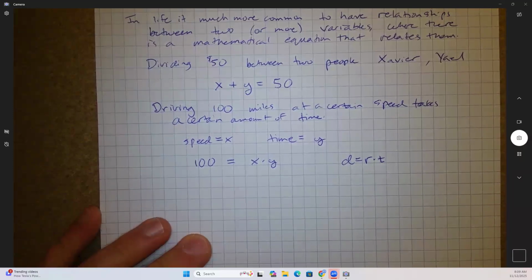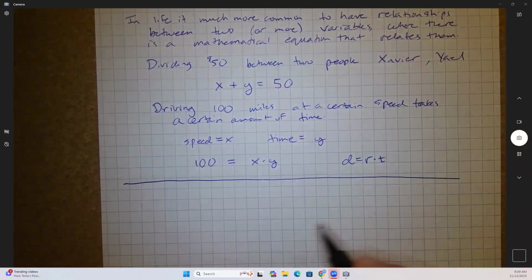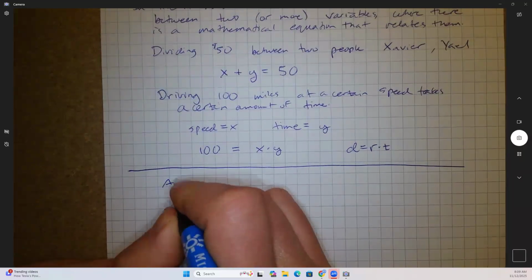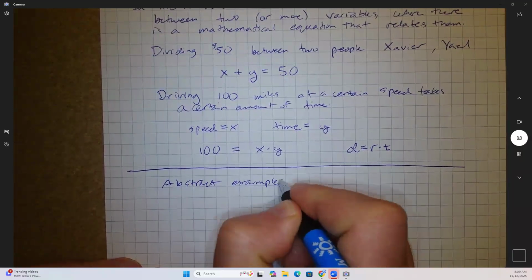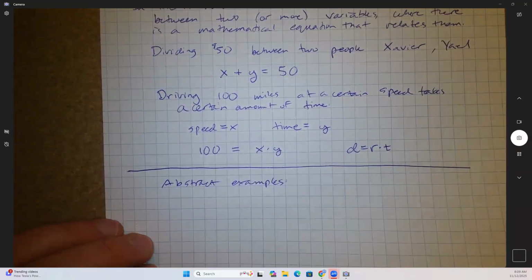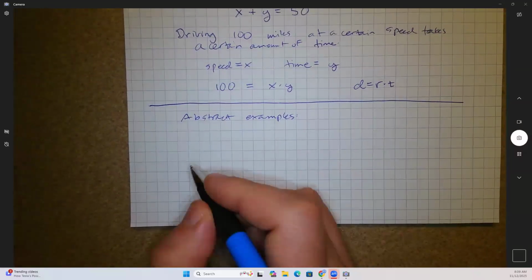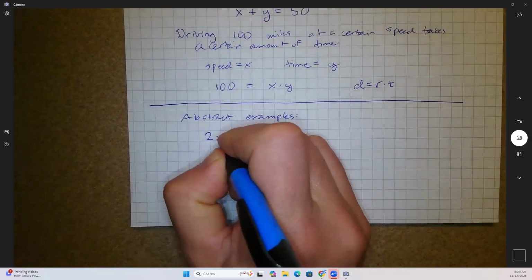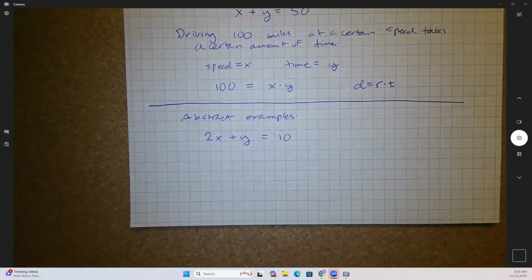And we'll pull away from our specific examples right now and get back to abstract examples. So here's an abstract example, 2x plus y equals 10. I'm not saying Xavier gets twice the money that Yael gets, and there's $10 total.